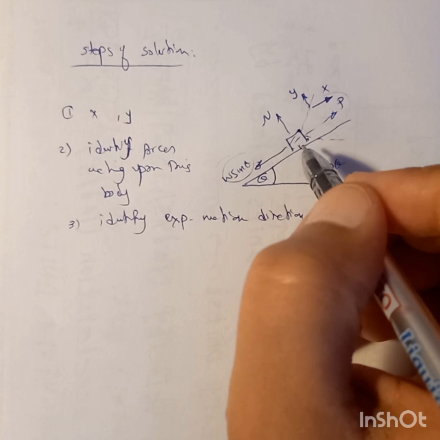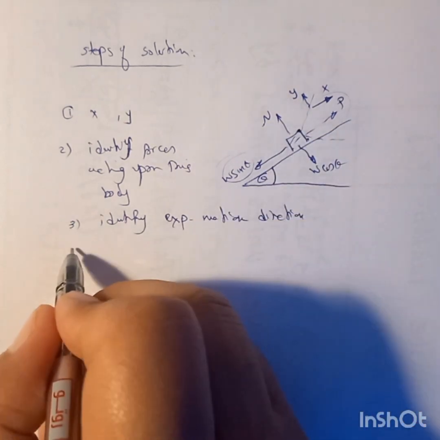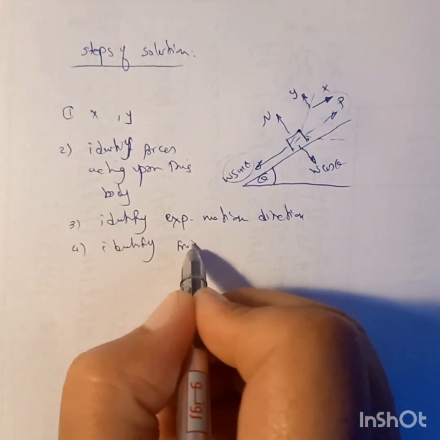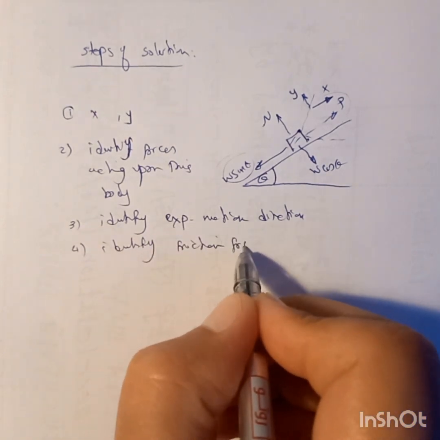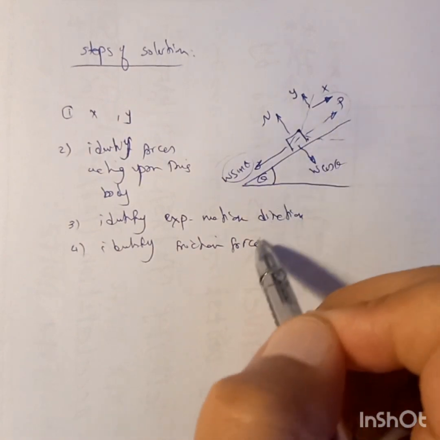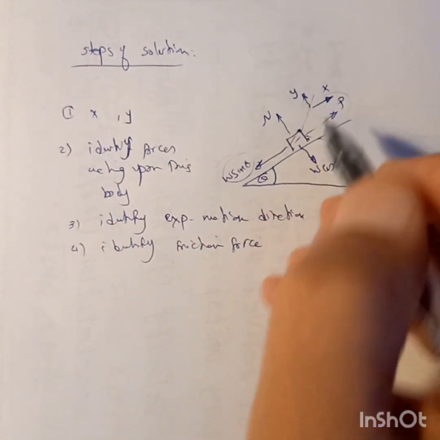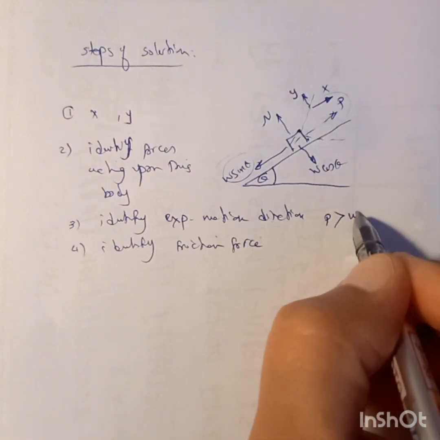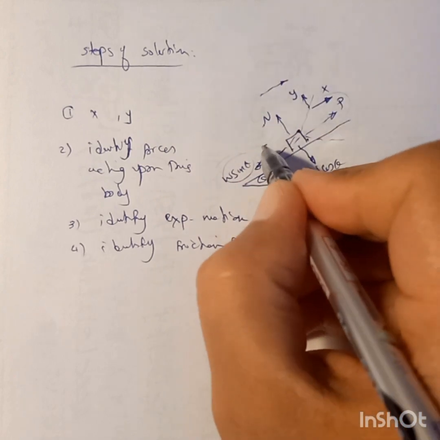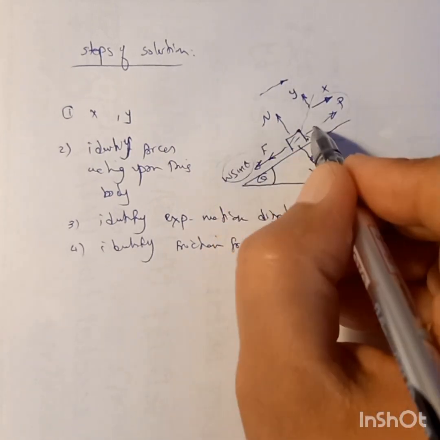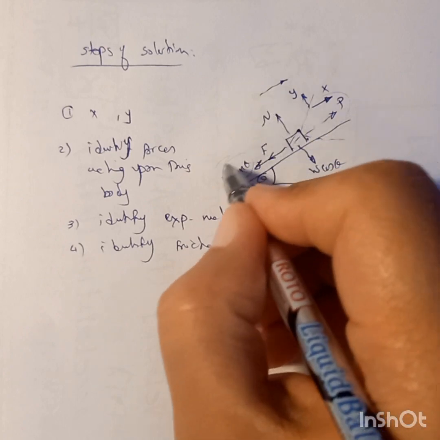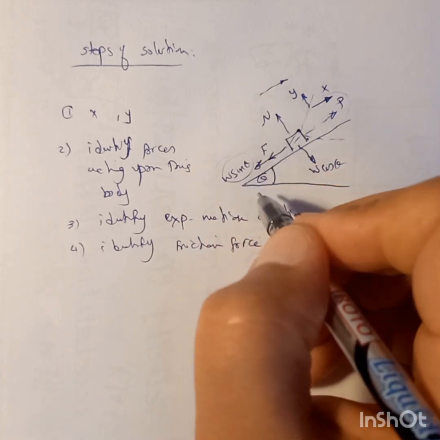After that you have to identify the friction force, which is in the opposite direction to the expected motion direction. For example, if P is greater than W sine theta, the expected motion direction is this direction, and the friction force F is opposite to it, in the direction of W sine theta, downward along the inclined plane.